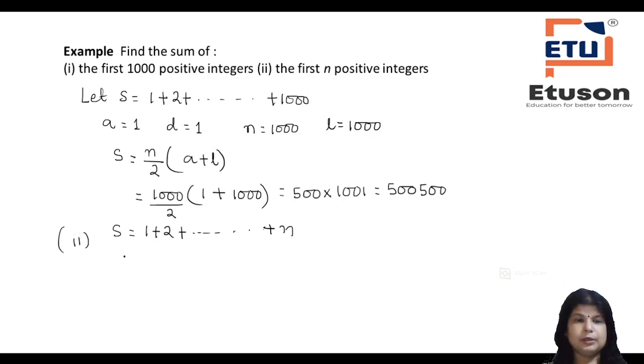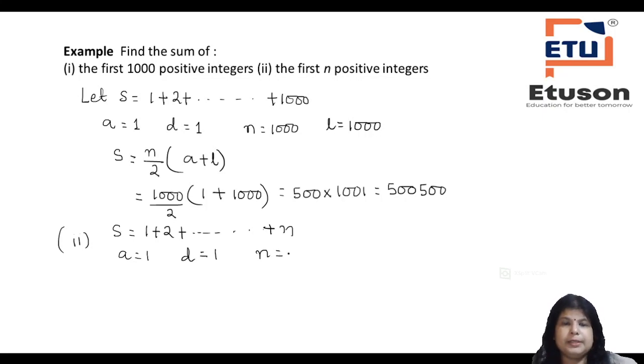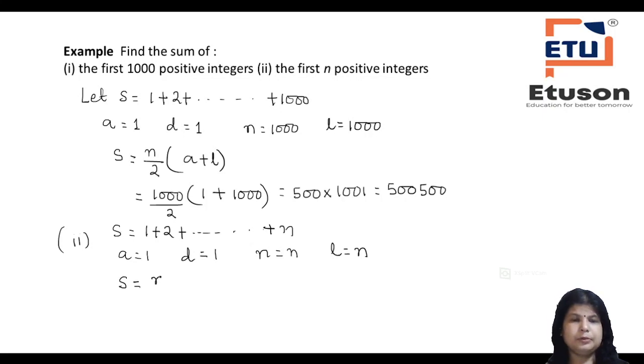Here a is the first term, that is 1, and the common difference is 1, the number of terms is n. The last term L is also equal to n. So using the formula, S is equal to n by 2 into first term plus last term, so n by 2, first term is 1, last term is n.